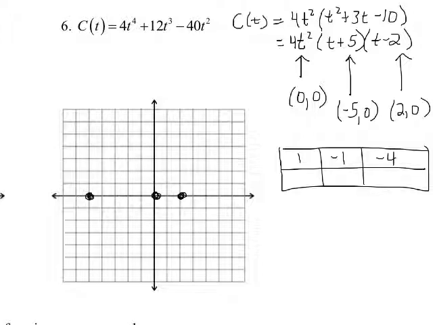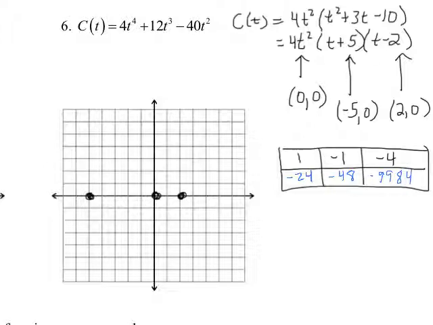So we can get some other values. So C of 1 is -24, C of -1 is -48, and C of -4 is -9,984. And I pulled all those values from my calculator.